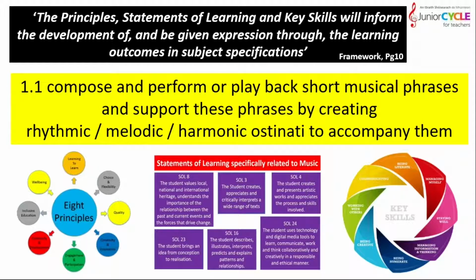If the student chooses to use a device to play back the phrase, then statement of learning 24 is now visible. If you take a moment to consider our key skills, you will find all 8 can be activated through this learning outcome. So while we are not planning explicitly for each of these components of junior cycle reform, it is important to remain cognizant of them when considering the learning.